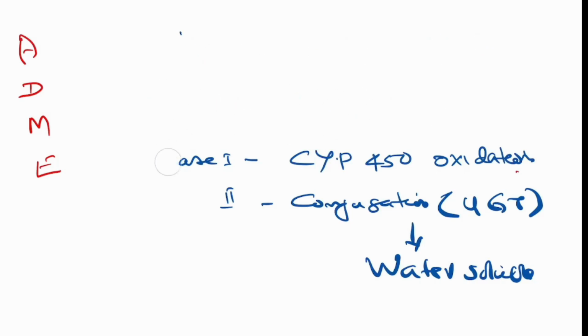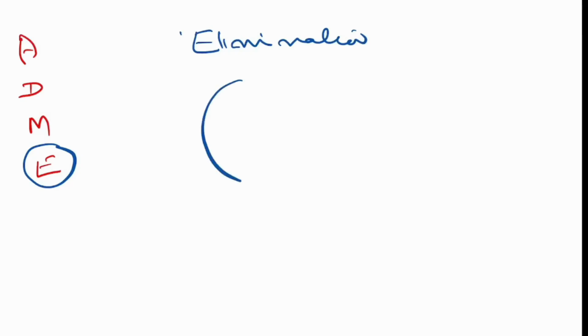Now we go to the final part, excretion. What is excretion? Excretion is elimination of drug. Again, the most important is elimination via the kidneys.